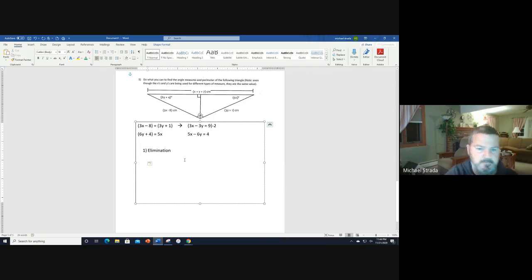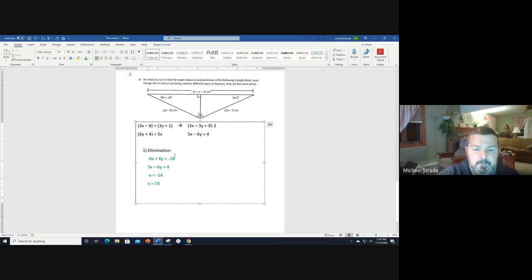The result would be negative 6x plus 6y equal to negative 18. Then the one underneath would be 5x minus 6y equals 4. I add straight down. The y's cancel out. Now I got negative x equals negative 14, and x equals 14.